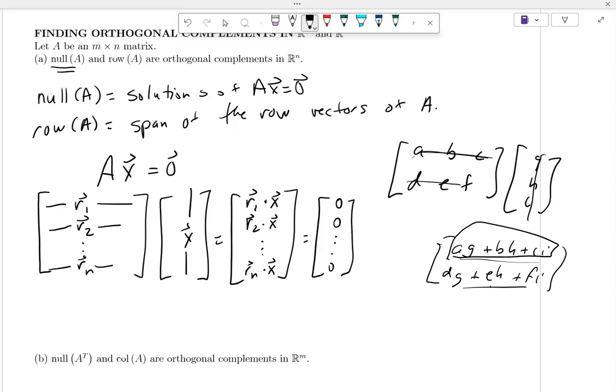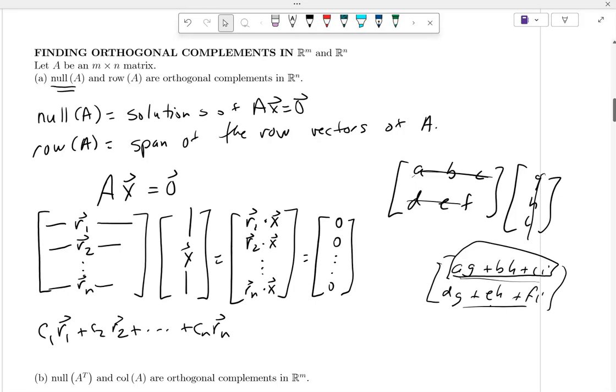Do you see it, or do I need to write it out? If I have C1R1 plus C2R2 up to CMRM. I lied, that's not RN, that's RM. There are M rows. Sorry.